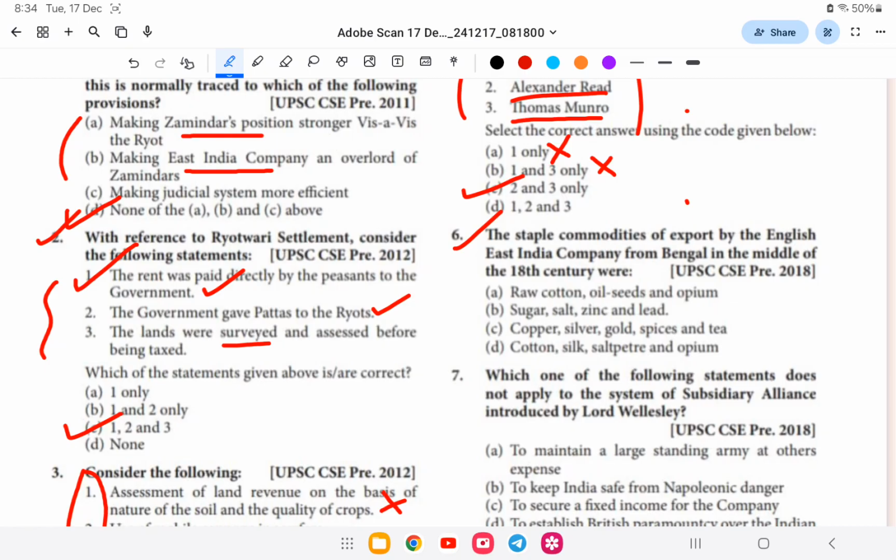In India, cotton was found, so cotton is correct. Also silk, saltpeter and opium were found. The most important crop in India was like textile. If you look at the textile, cotton and silk are part of it. So option number D is the correct answer.